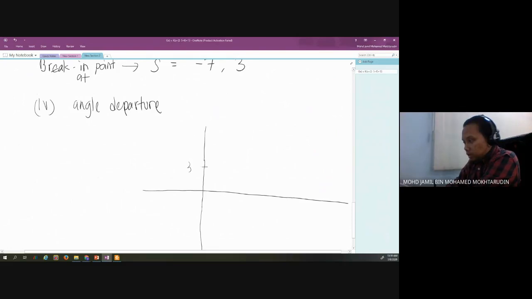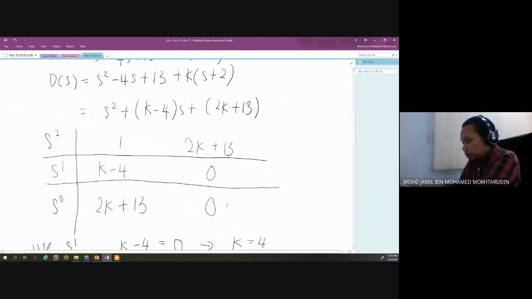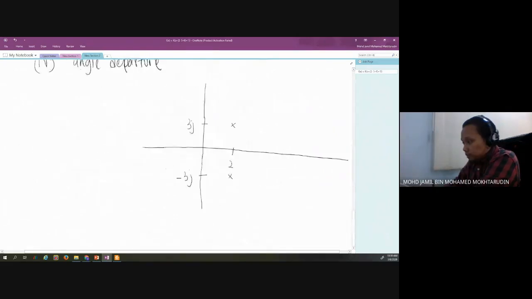So this is 3j, minus 3j, 2. So the poles are here. And the zero is at minus 2. So somewhere here.